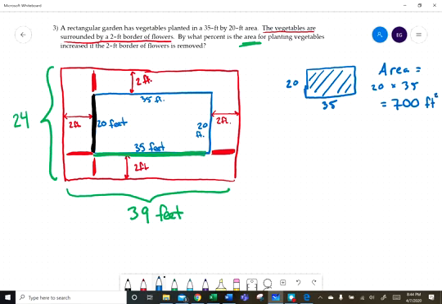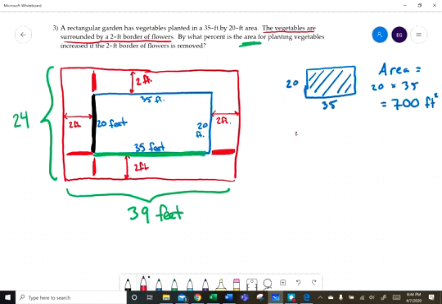And now the problem says, by what percent is the area for planting vegetables increased if the 2-foot border of flowers is removed? Meaning we could use that extra 2 feet for planting vegetables.